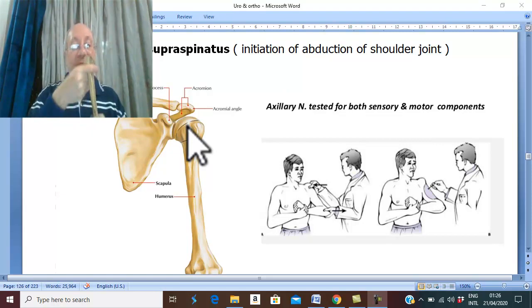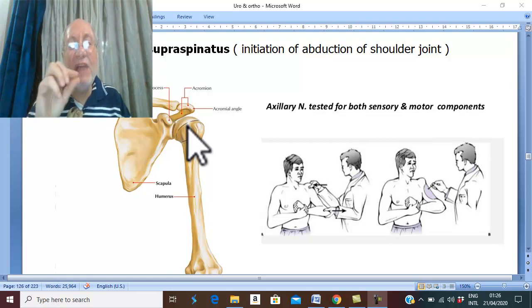And during dislocation and displacement of the head downward, the axillary nerve and its origin, which is the posterior cord of the brachial plexus, may be affected by a minimal degree of nerve injury called neuropraxia.